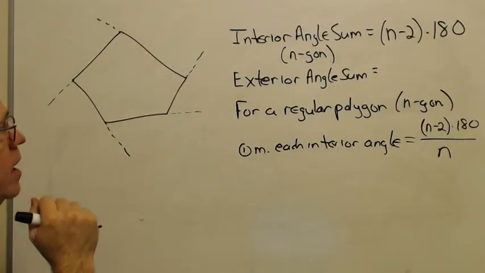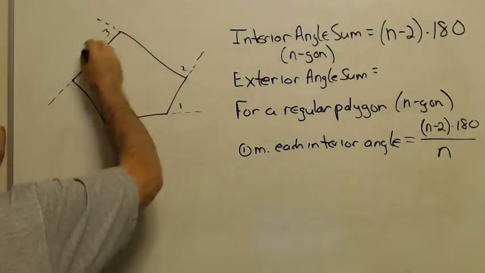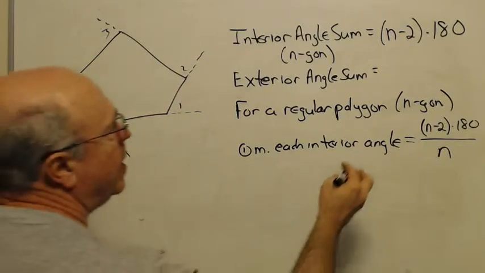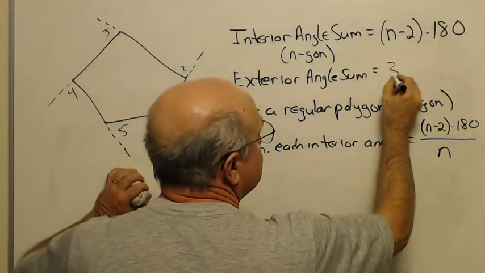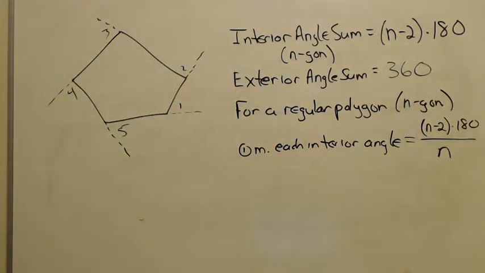And the exterior angle sum means to add up, in this case, 1, 2, 3, 4, 5 exterior angles. We'll prove this in class, but it's a neat little fact. No matter how many sides you have, the exterior angle sum is always 360 degrees.